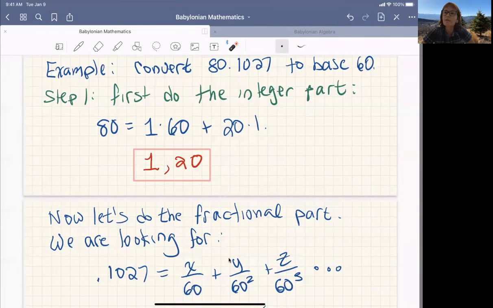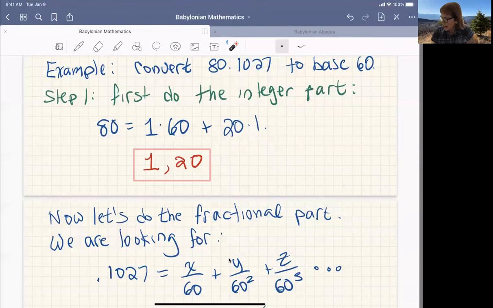So here's what I'm trying to do. I'm trying to write 0.1027 as a base 60 fraction, or you could think of it as a base 60 decimal, but decimal actually contains the Latin word for 10. So, I mean, technically it's not a decimal, but it's the equivalent of a decimal.